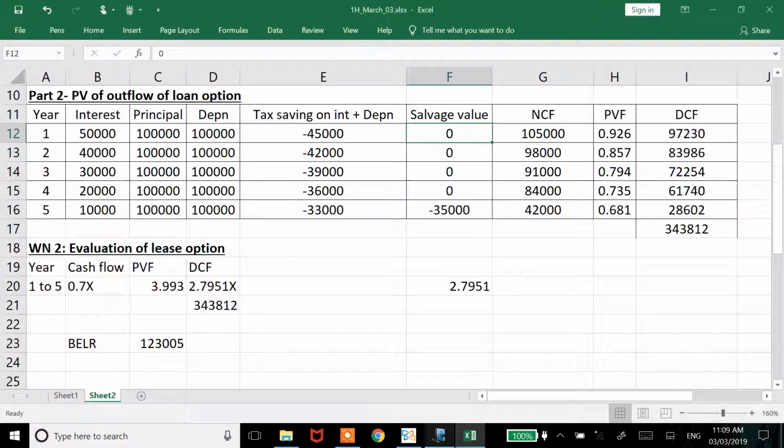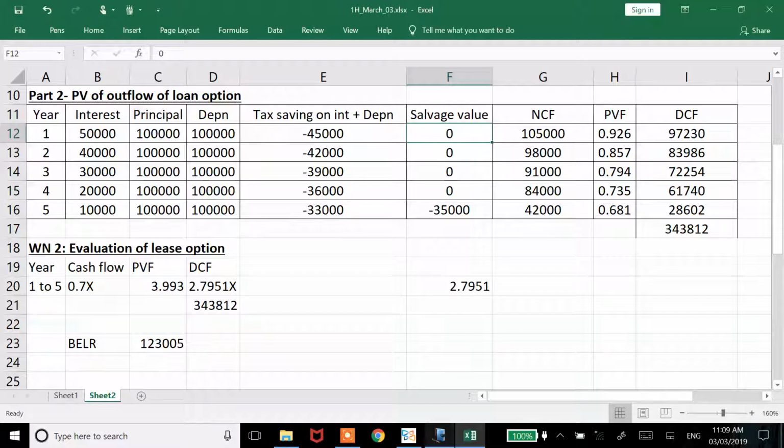Can you tell me what will be the cash flow for the 5th year if salvage value is X? No. Listen, what is happening on the salvage values?